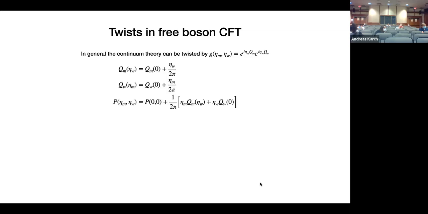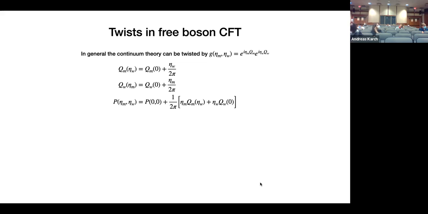Okay, so let's discuss twists in this free boson CFT. Again, we'll only consider twists by the U(1) cross U(1) elements. So we can consider twists by this G of the two twist parameters. A_M is the angle of the U(1) momentum rotation. A_W is the U(1) winding rotation.